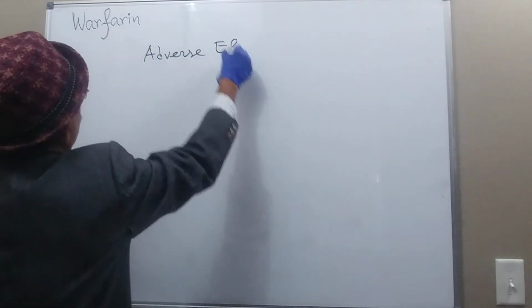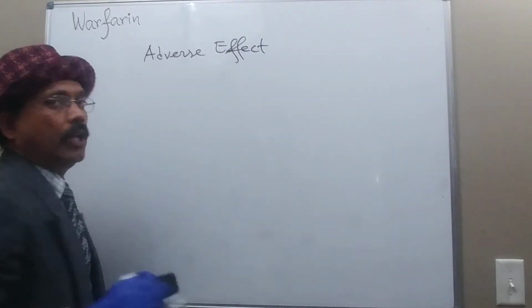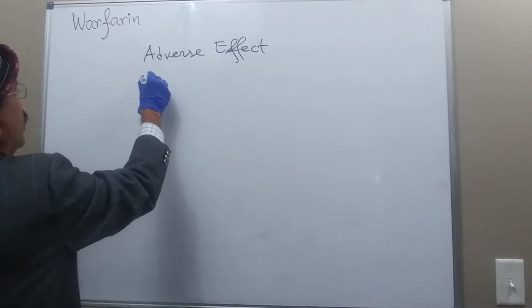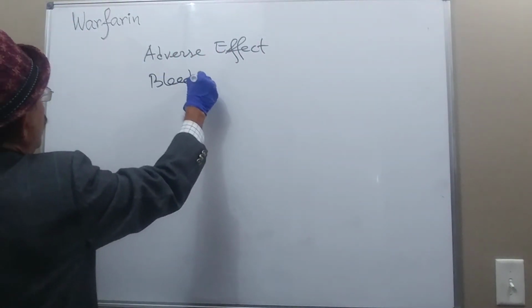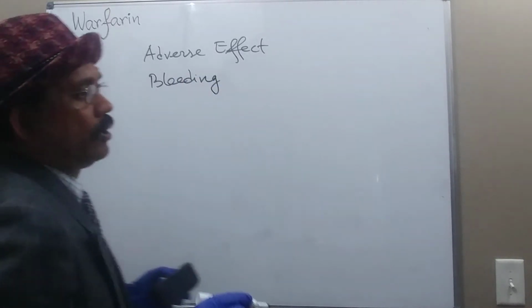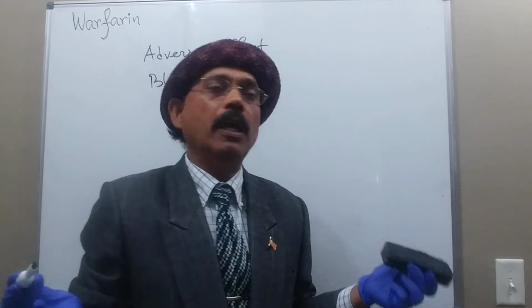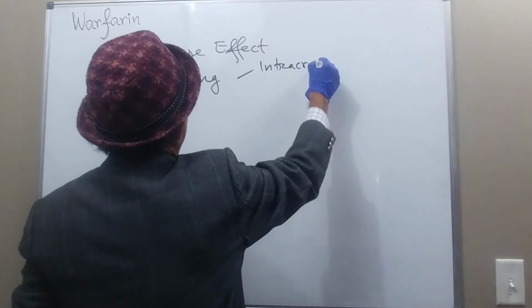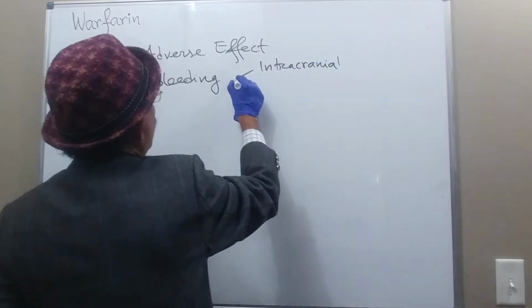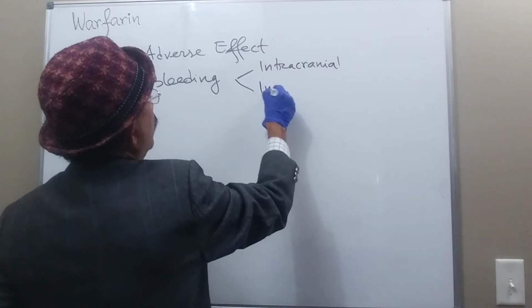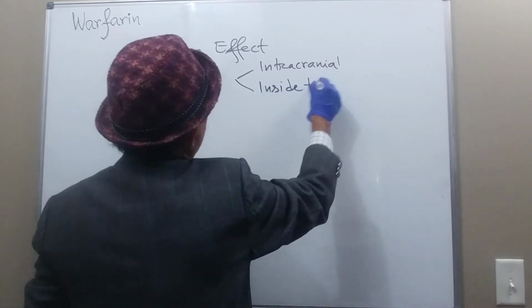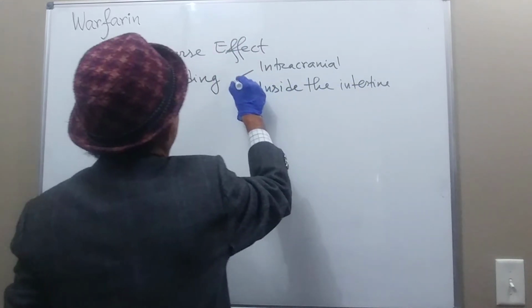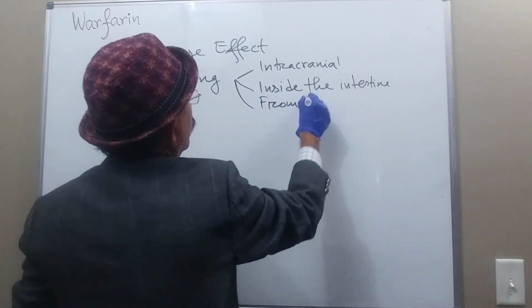Adverse effect. First of all, because it is an anticoagulant, there will be a chance of hemorrhage or bleeding. Bleeding is a very common complication. Bleeding may be from any site. It may be intracranial hemorrhage, hemorrhage inside the intestine, or from the nose.